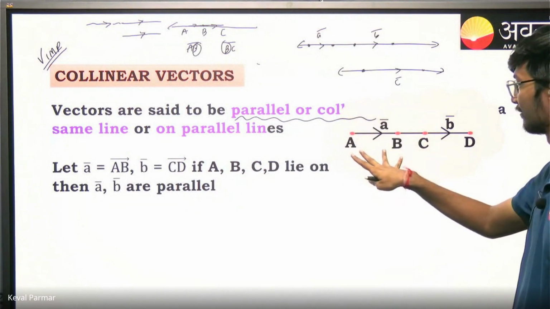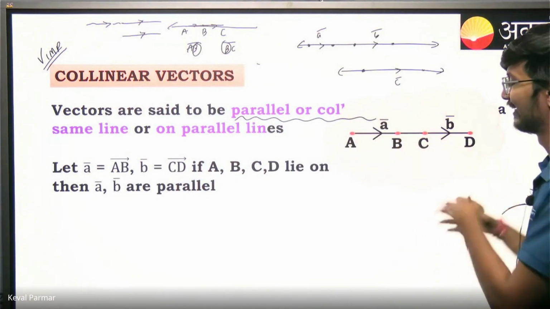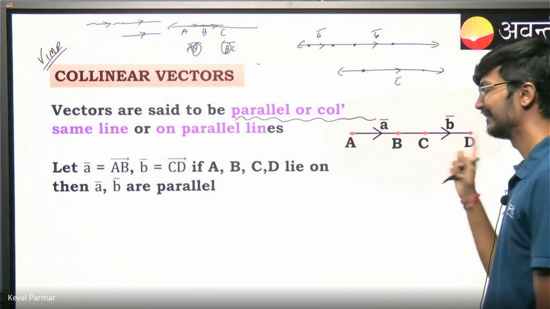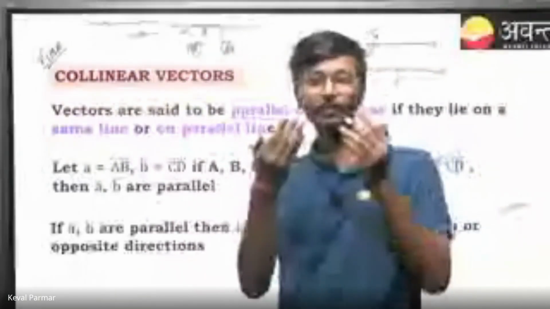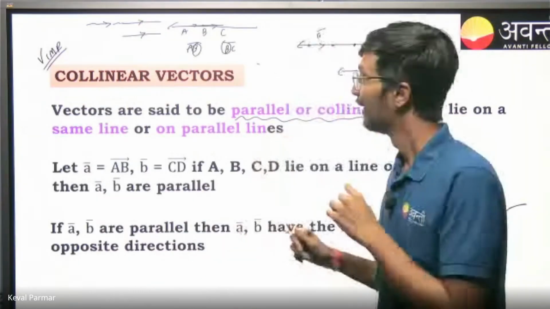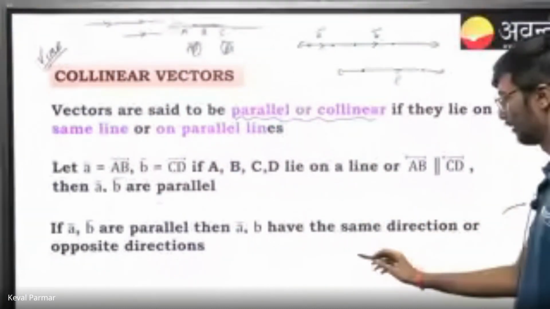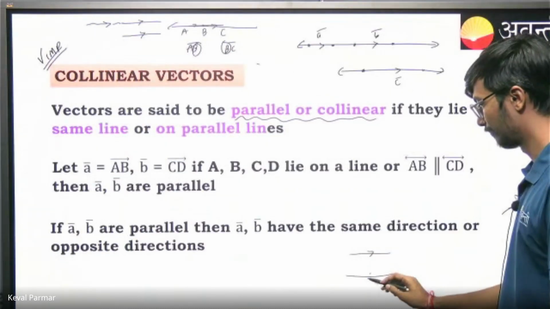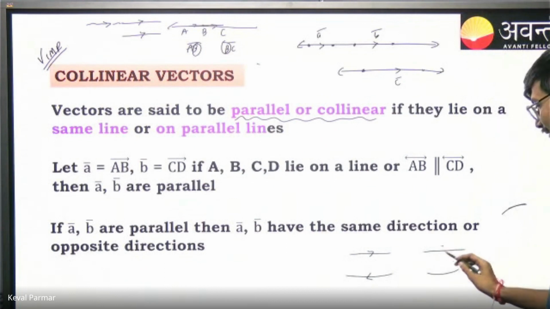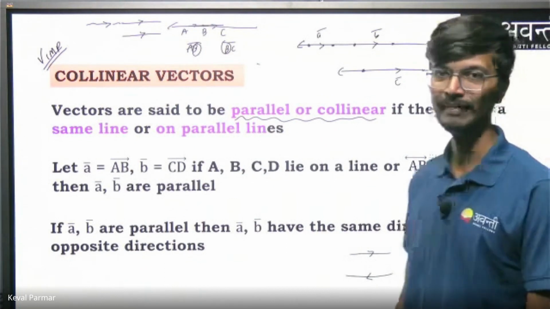If these two vectors AB bar and CD bar are collinear, that means the four points A, B, C, D are also collinear. As we know, vectors have direction, so we can have two cases here: two vectors are parallel but have opposite direction, and two vectors are parallel but have the same direction.